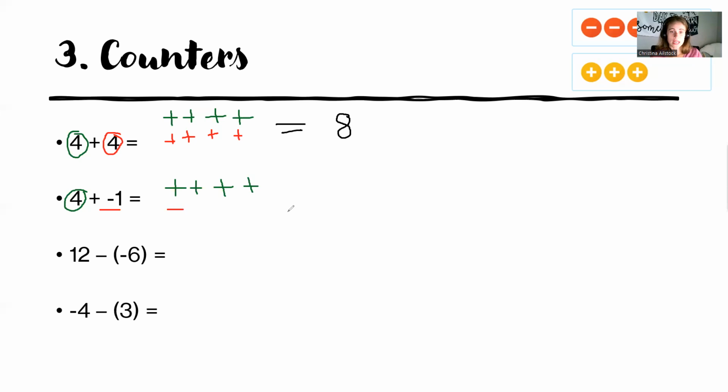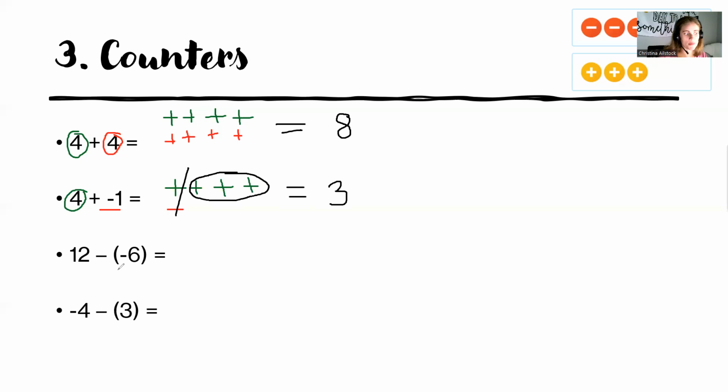Those positive and negative signs, when you use the counter method, they cancel each other out. So anytime you have a plus and a minus, they cancel each other out. And what are we left with? We are left with 3 positives, giving us the answer of a +3. How cool is that?